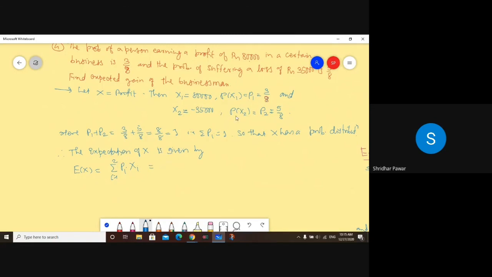So what is P1? 3/8 into 80,000 plus P2 into x2. But x2 is negative, so that minus we will take outside. So 5/8 into, or you may write this as plus into minus 35,000. And you may do the simplification later on. So I will take 1/8 outside.